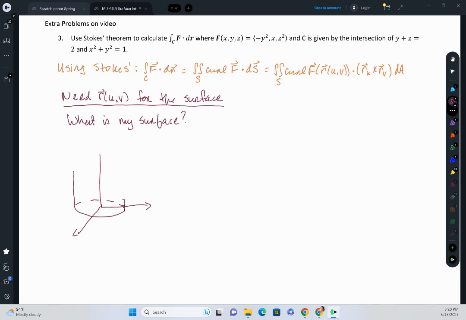It is a unit cylinder, so these are just ones. And I'm going to go out to 2, because I have this plane here, and the plane is going to dictate where my cylinder ends. The plane has a y-intercept at 2 and a z-intercept at 2, and we can connect those dots to see what's going on here.